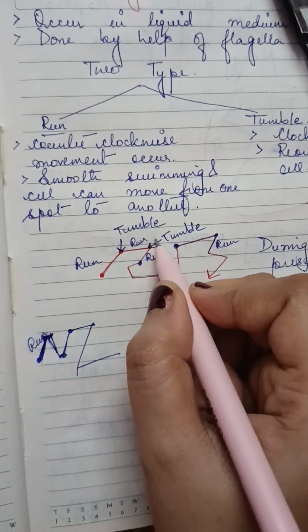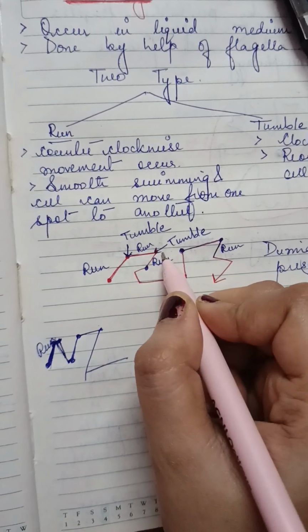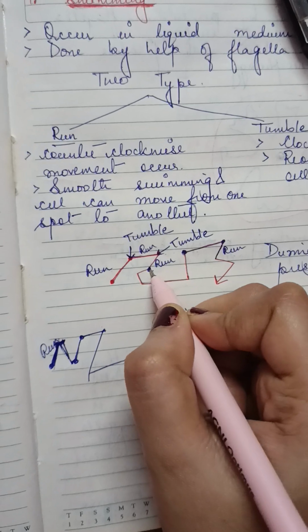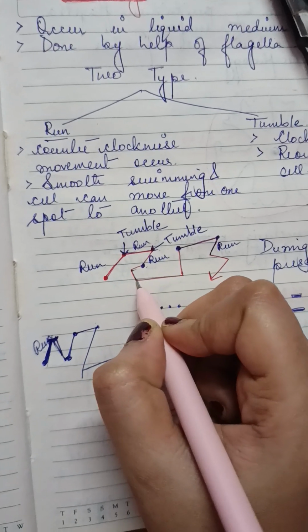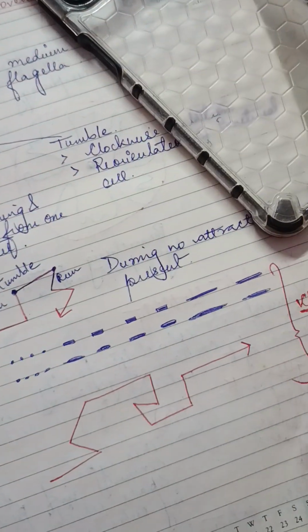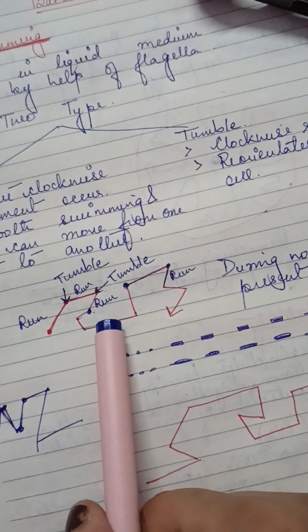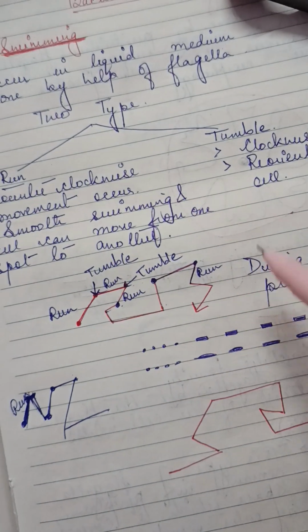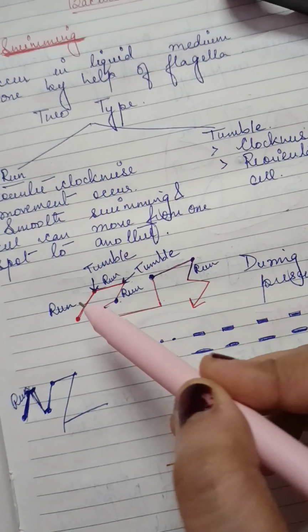See, I have explained it here. This is tumble, run, tumble, run, tumble, run, tumble. So this way it moves. When no attractant is present, it goes and again turns into the same position.